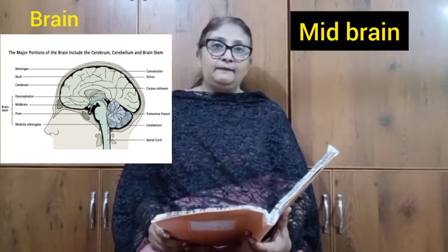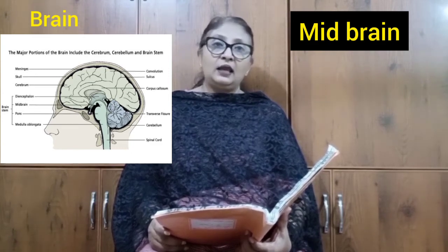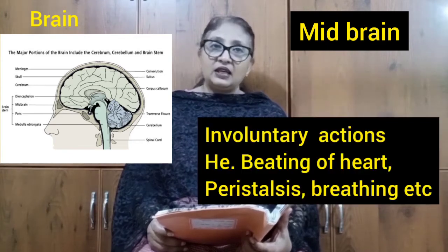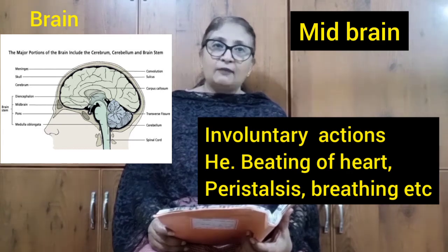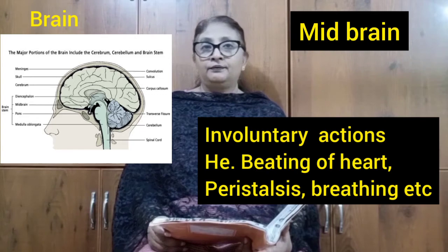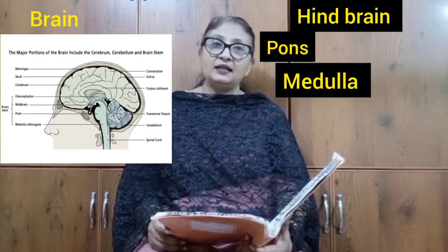Now midbrain. Midbrain, the main function is involuntary actions such as beating of the heart, breathing, peristaltic movement in the alimentary canal, etc. Hindbrain has three parts: the pons, medulla and cerebellum.